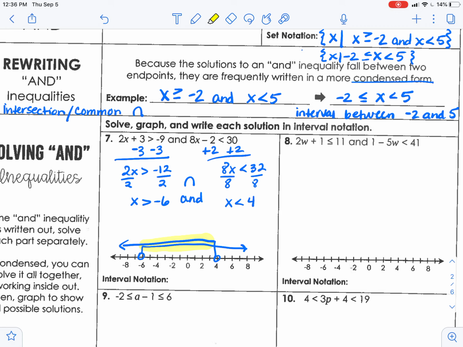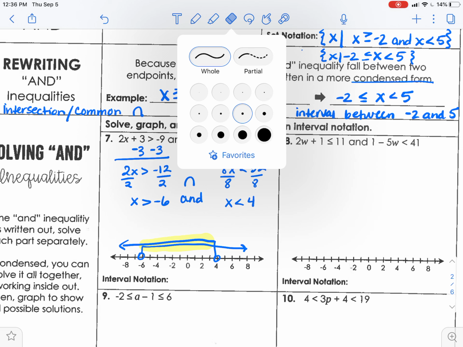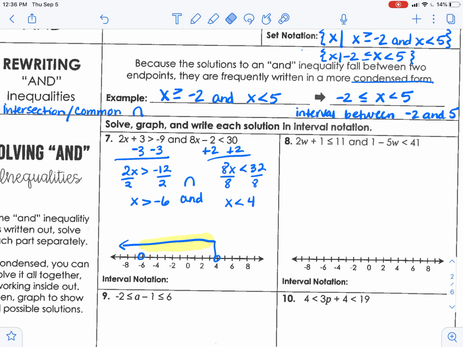That is not the answer, okay? You need to take off the other parts of it here, okay? So what I mean by that is you're going to take off those ends and write just the interval. So it is the interval from here to there, okay?